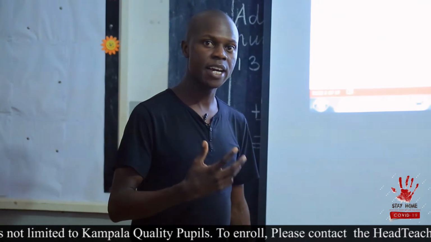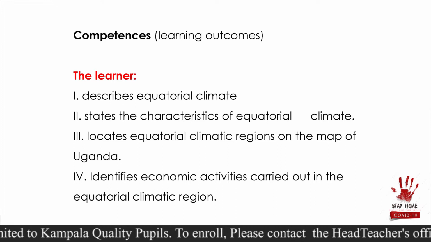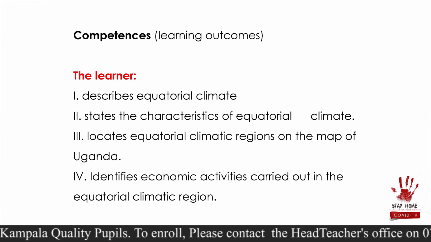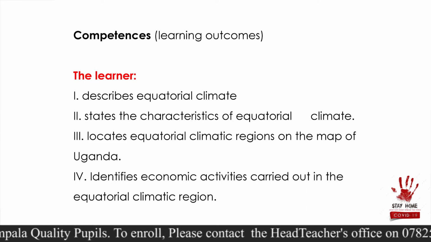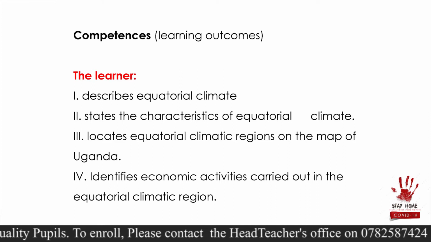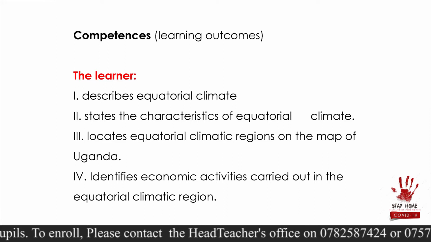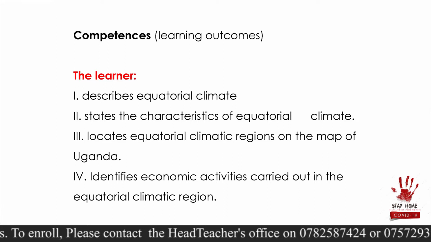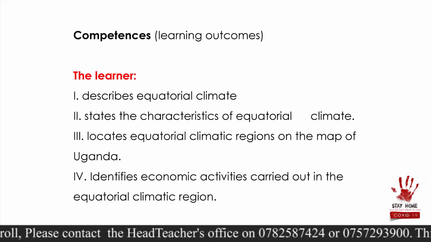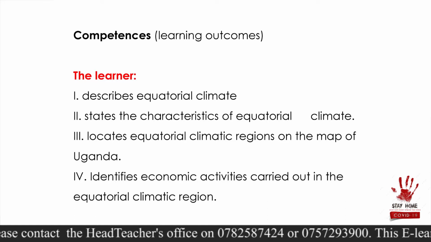By the end of this lesson, I expect you to be able to describe equatorial climate, state the characteristics of the equatorial climate, and locate the equatorial climatic region on the map of Uganda. Lastly, I expect you to identify economic activities that are carried out in the equatorial climatic region.